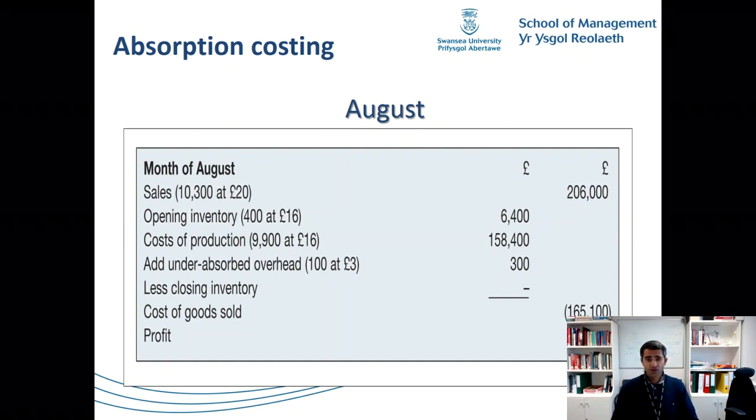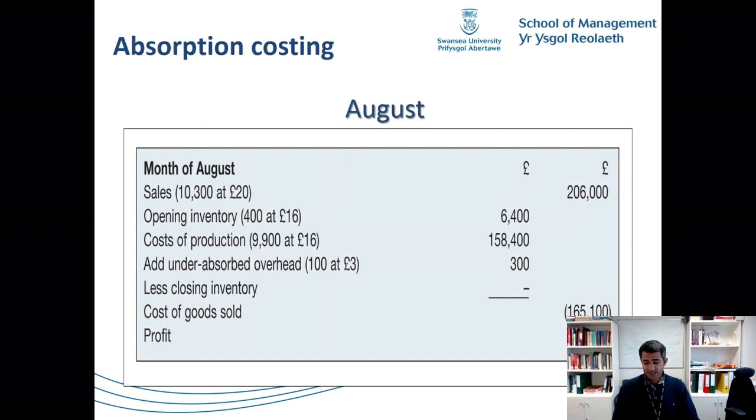We don't have a closing inventory because we sold 10,300, so we sold the opening inventory plus the production. Again, that comes with a cost of goods sold of £16,500, and sales minus cost of goods sold equals a profit of £4,900. Very, very simple.